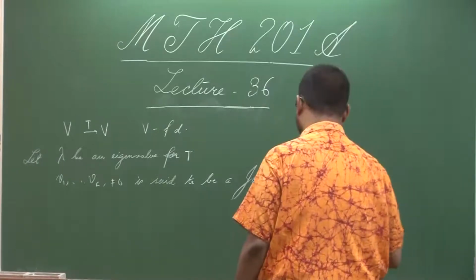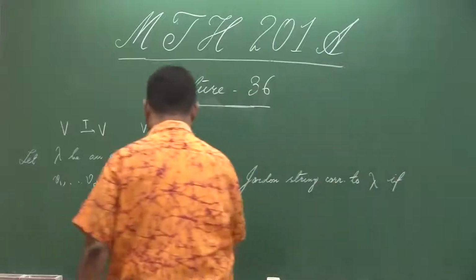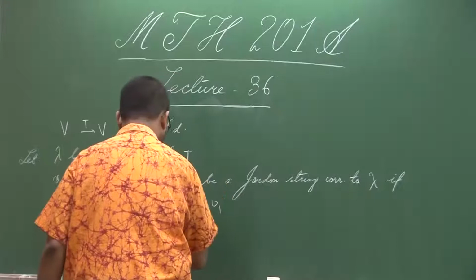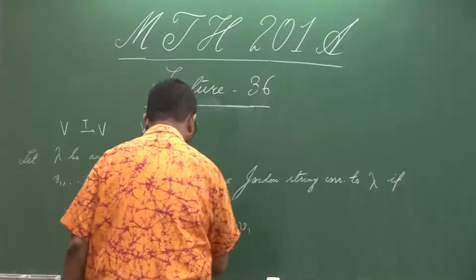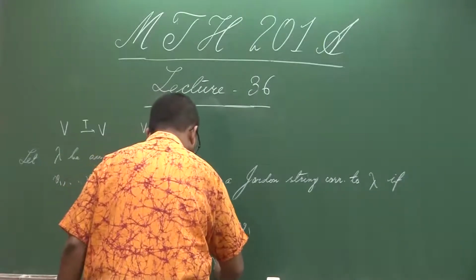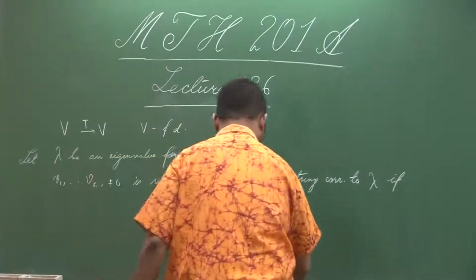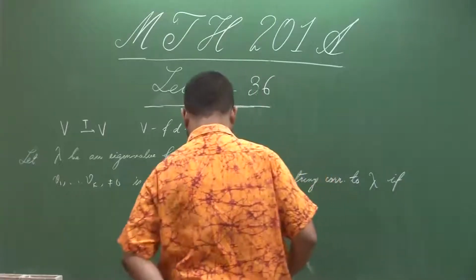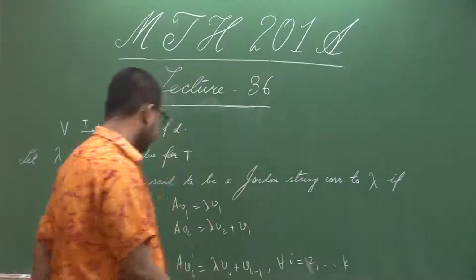It is a Jordan string if the following happens: A v1 is lambda v1, A v2 is lambda v2 plus v1. In general, A v_i is lambda v_i plus v_{i-1} for all i from 2 up to k.